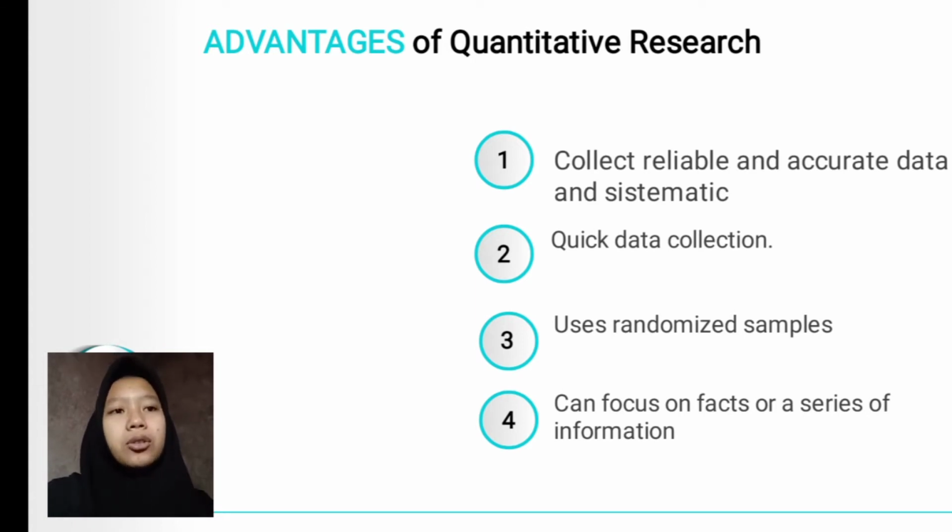And number two is quick data collection. Quantitative research is carried out with a group of respondents who represent a population. A survey or any other quantitative research method is applied to these respondents, and the use of statistics in conducting and analyzing results is quite straightforward and less time consuming.